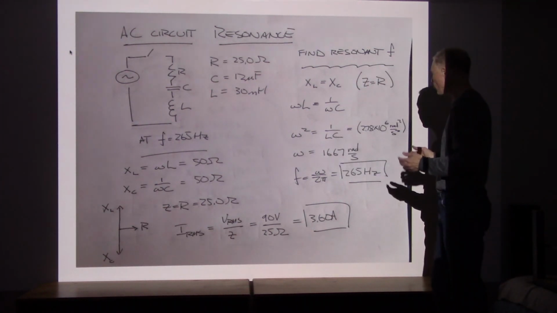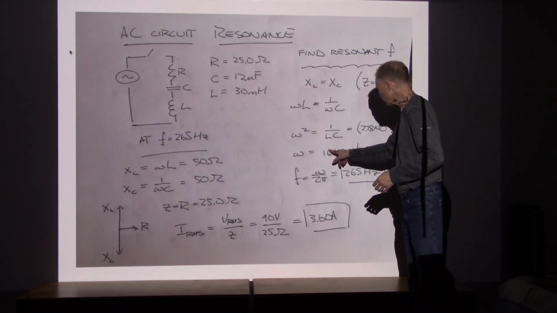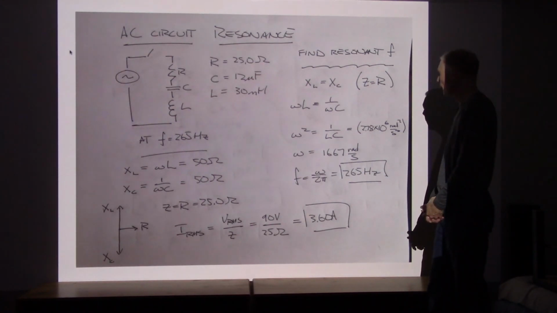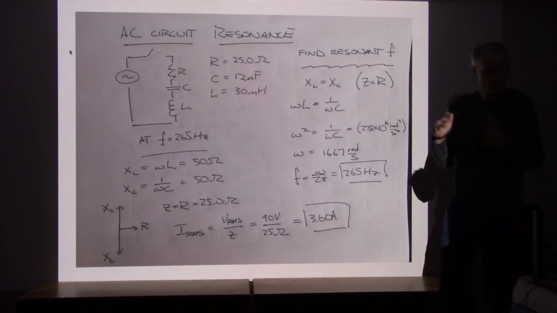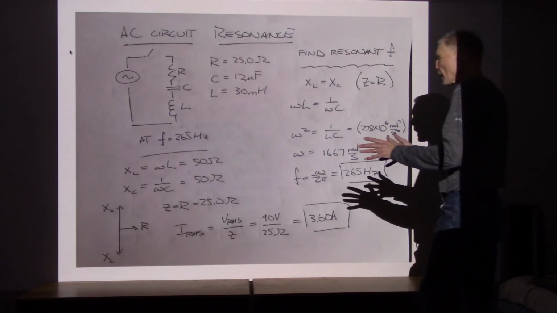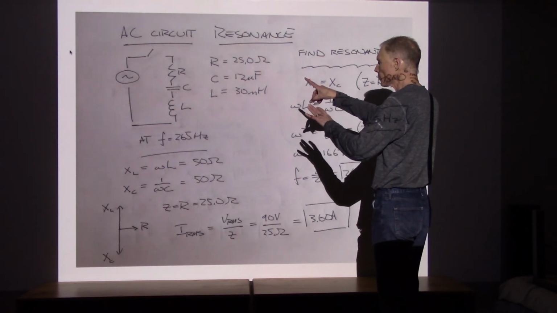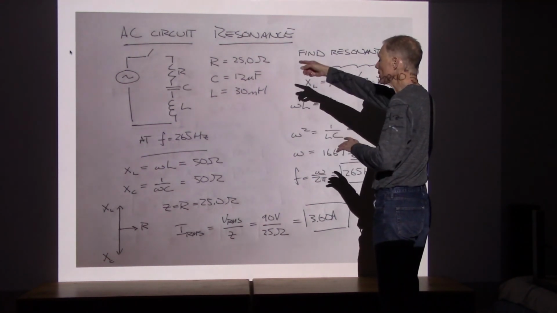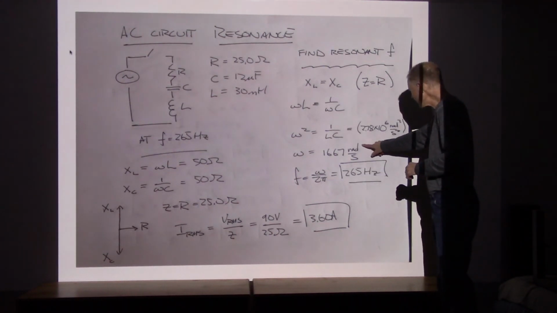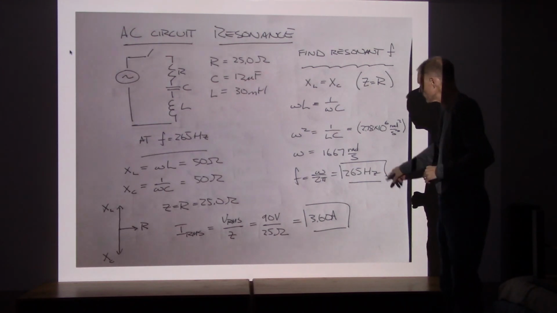And what I found was at an omega of 1,667 radians per second, the effect of the capacitor and the inductor will exactly cancel out. And I can just ignore their effects in the circuit. Seems kind of crazy, but that's what happens because of the 180-degree phase difference between the capacitor and the inductor's voltage. Well, this resonant frequency becomes 265 hertz.